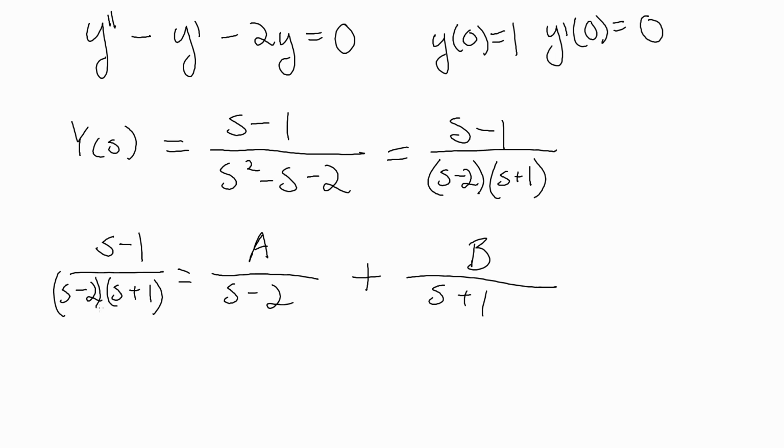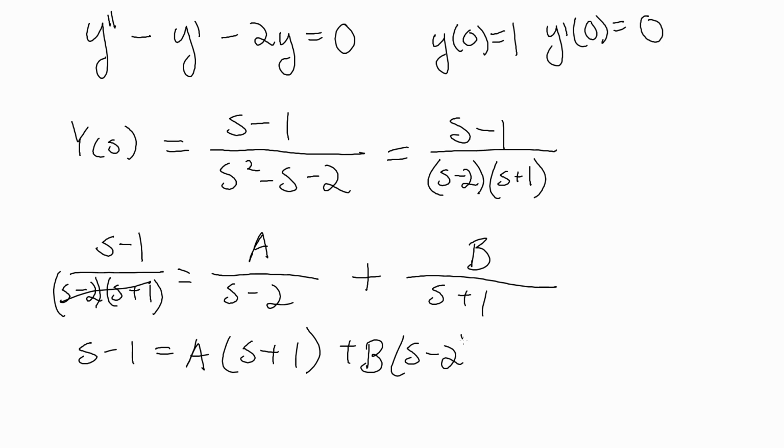And now we can multiply both sides of this equation by the denominator. That'll cancel this out, and it will cancel out one of the terms. So we'll be left with s minus 1 equals a times s plus 1 plus b times s minus 2.